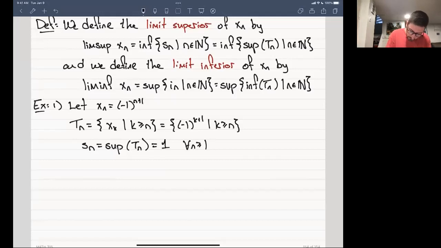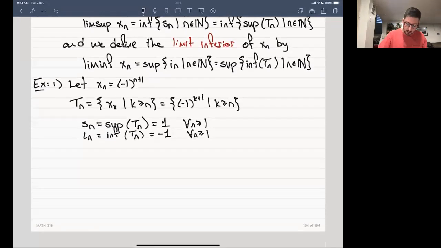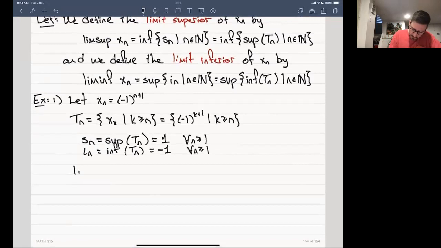Similarly, the infimum of the tails is just the smallest value it can take on, which is -1. And again, this infimum is for all n bigger than or equal to 1. So now let's figure out what the lim sup is. Well, the lim sup of x_n is the infimum of the S_n's.